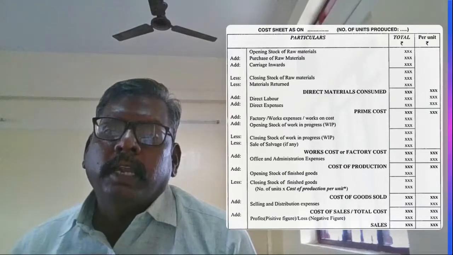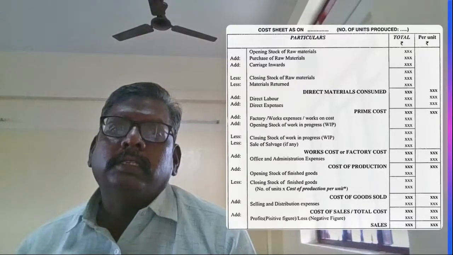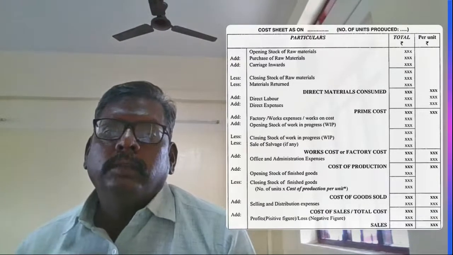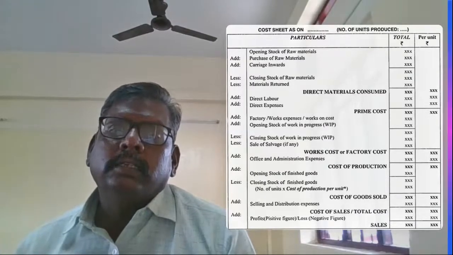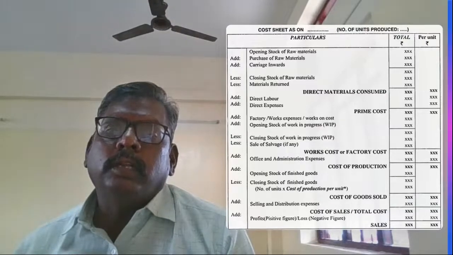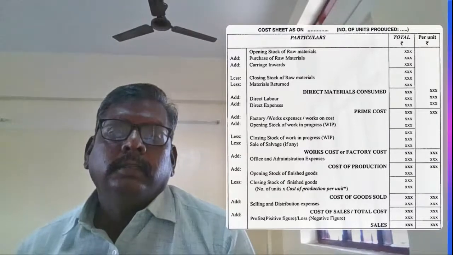If it comes out negative, then it's a loss. So this is the explanation of the cost sheet. The cost sheet is one of the techniques to control cost, which is used by all manufacturing concerns, and helps to know the total cost and the profit of particular products. Thank you very much.